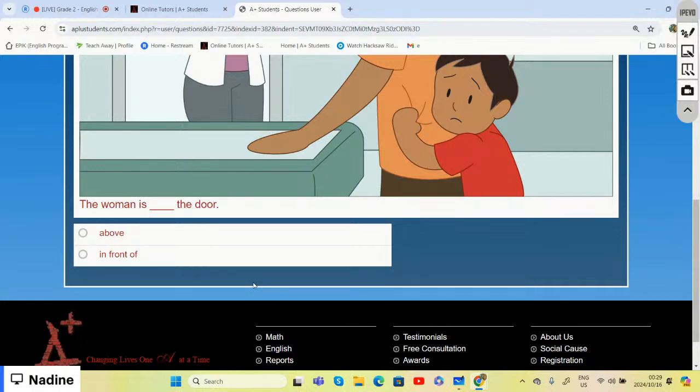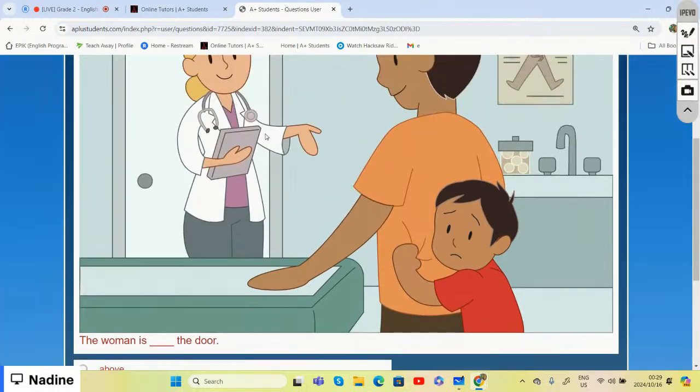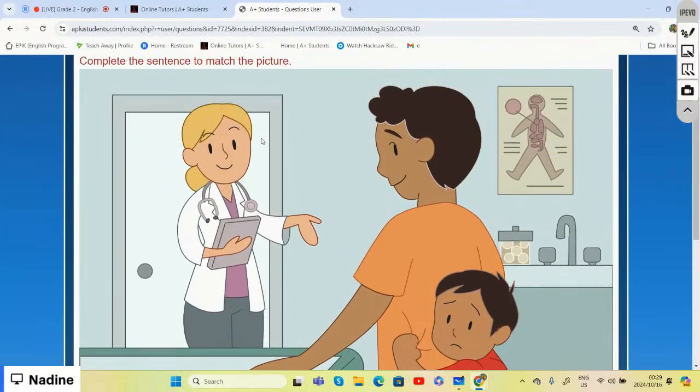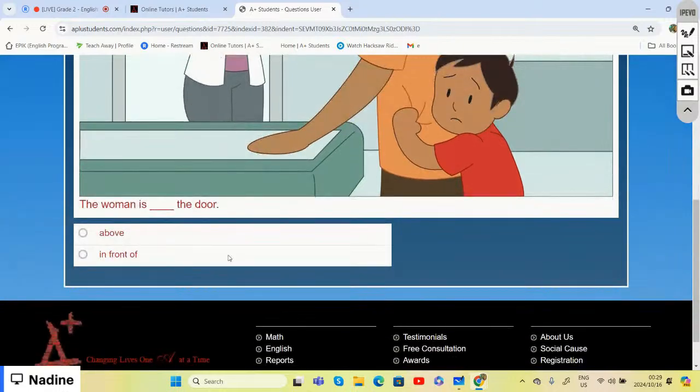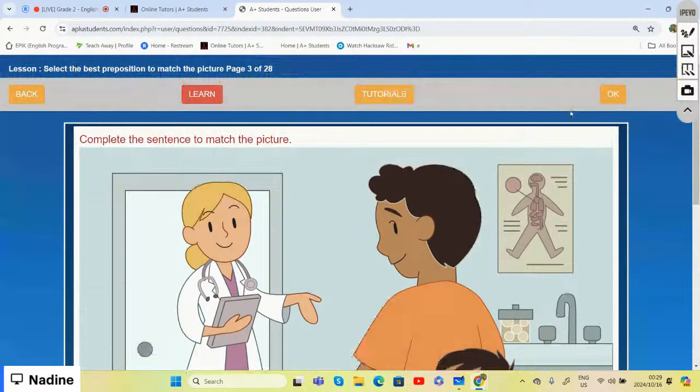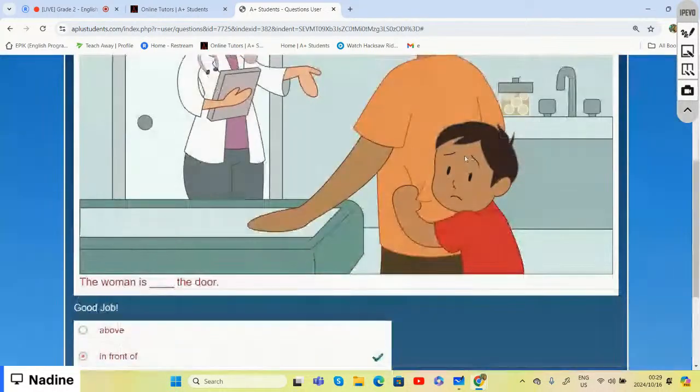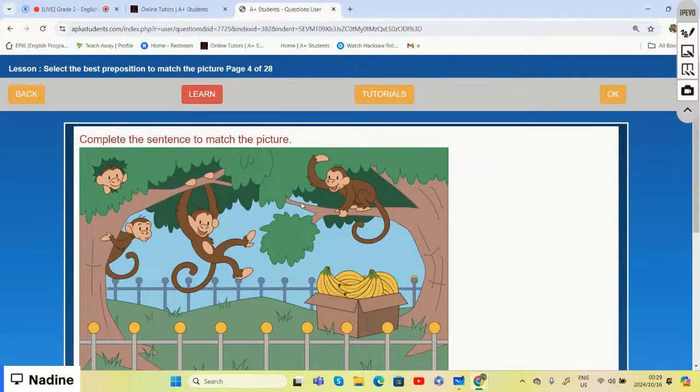If we were to say where the woman is from the door, we can say the woman is in front of the door. And in front of is correct. Yes, well done. In front of is correct. Well done.